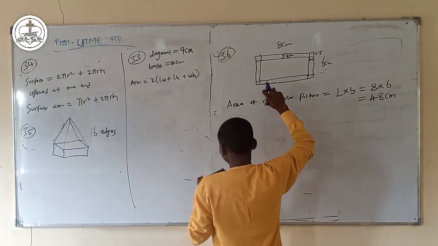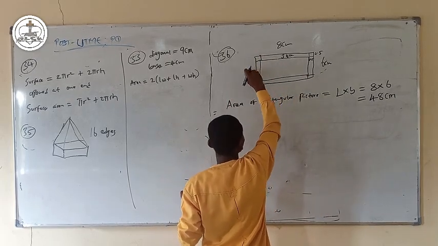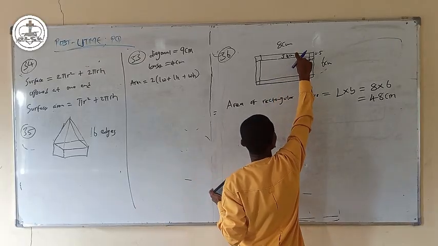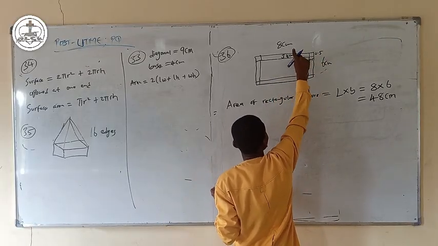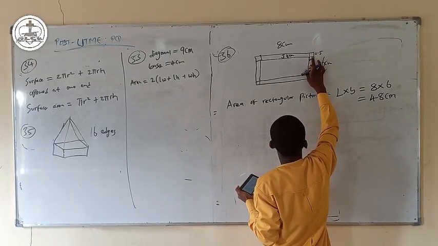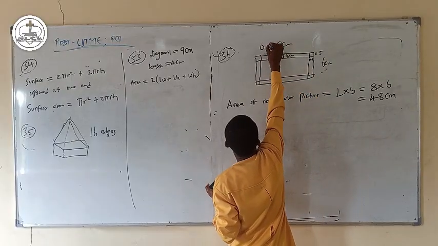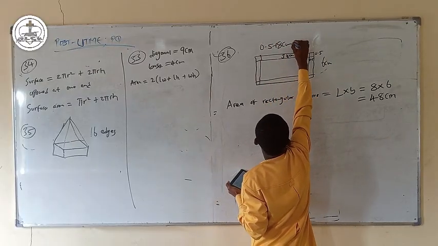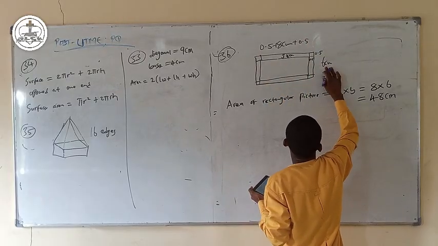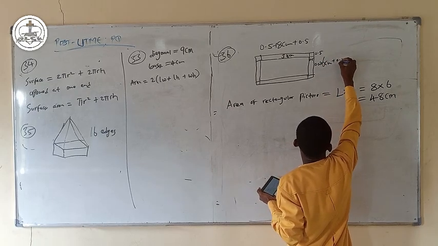Then we are going to get the total area, combining the frame and the rectangular picture. We said the frame is 0.5 centimeter wide. So this is 0.5 centimeter, and here the spacing is 0.5 centimeter. It means our 8 centimeter will be 0.5 plus 8 plus 0.5, and this too is 0.5 plus 6 centimeter plus 0.5.